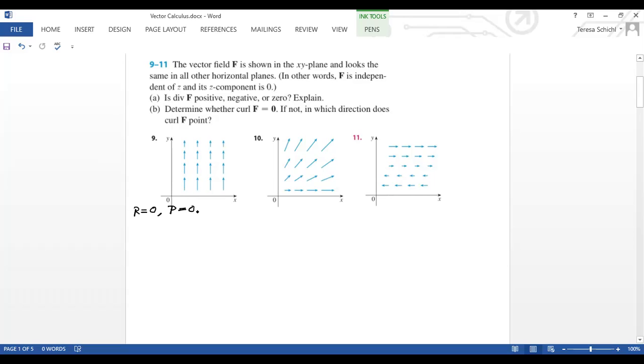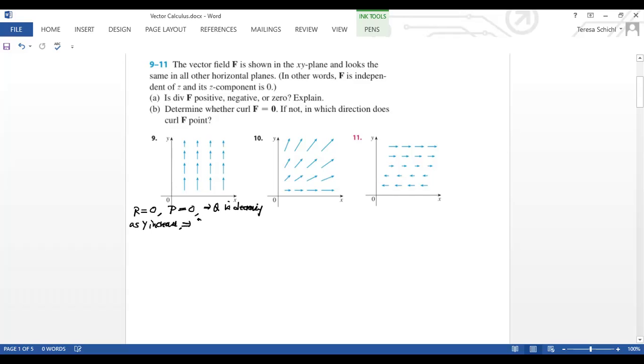Let's take a look at another one. You see this vector field, right? When you increase y, what happens? The magnitude is getting smaller and smaller. So you see Q is decreasing as y increases.